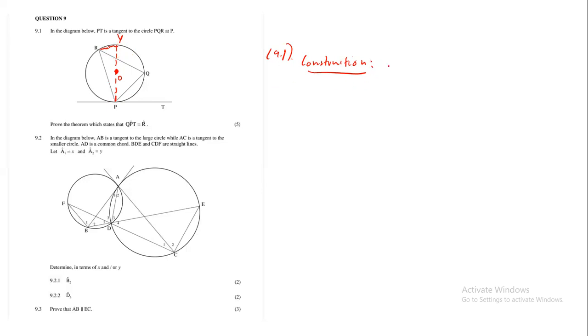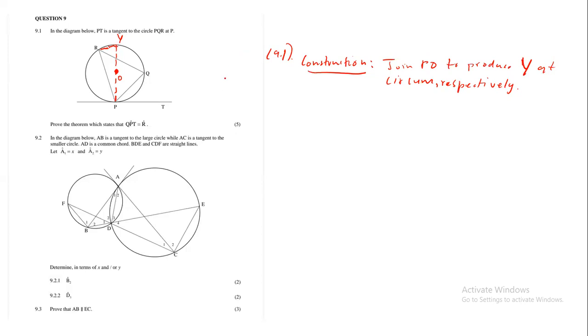So that means we're going to join PO to produce Y at the circumference, respectively.